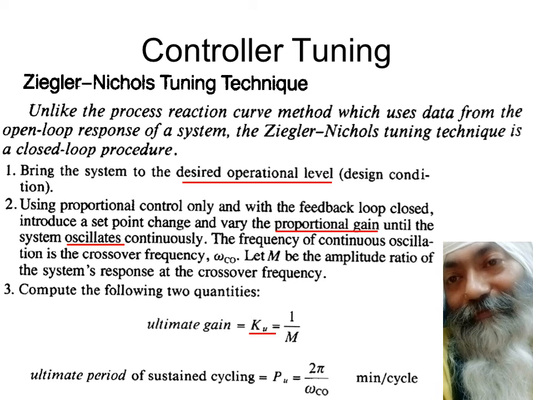This Ku is the ultimate gain, and Pu is the ultimate period of sustained cycling, and they will be used as it was done earlier. Again, a table is given in the next slide for the optimal values of P, I, and D in all three cases, whether you're using only P, or PI, or P, I, and D.